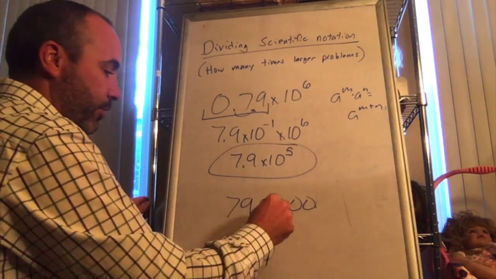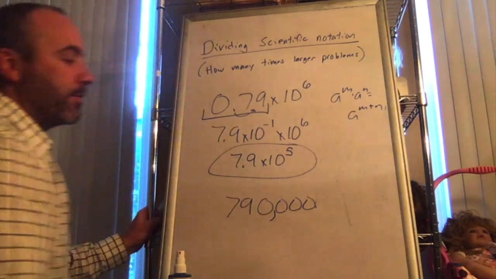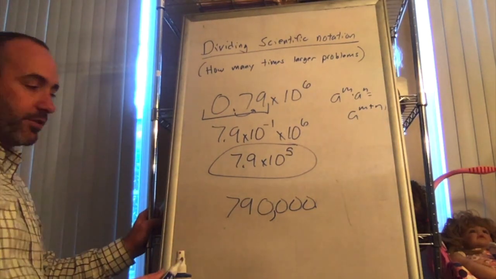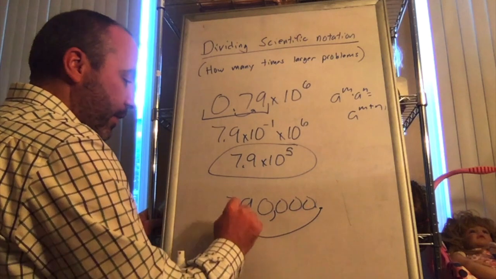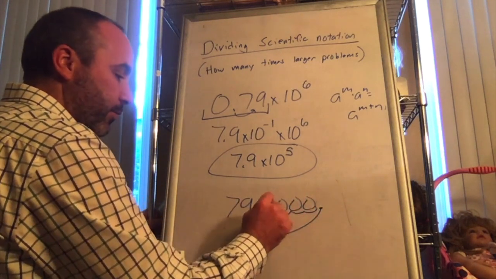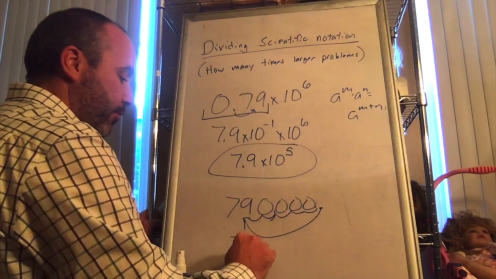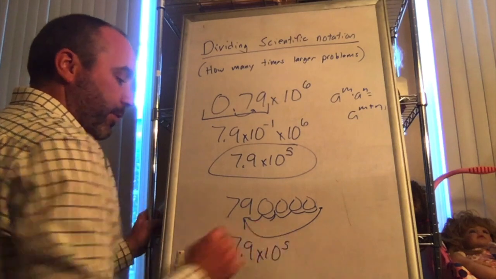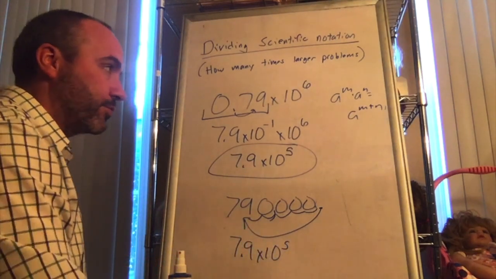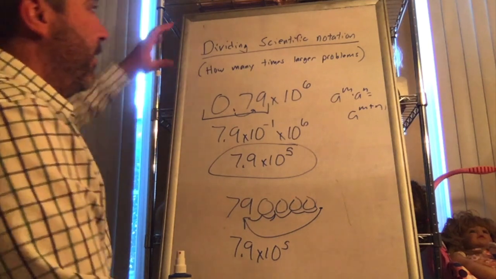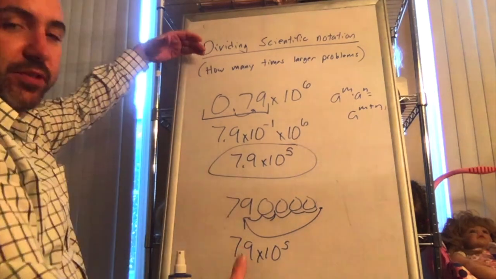All right, you would have gotten 790,000, and then to change that into scientific notation, once again, the decimal is here. We need to move it there, so that goes 1, 2, 3, 4, 5 spots. So it'd be 7.9 times 10 to the 5th. All right, that's also a way that you could have approached this problem. All right, but that's how we divide with scientific notation.